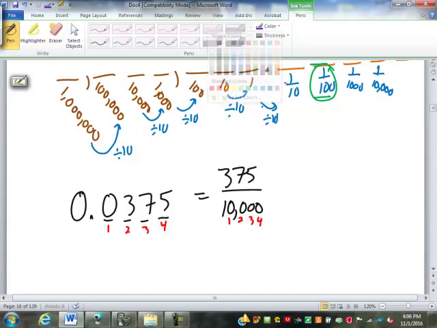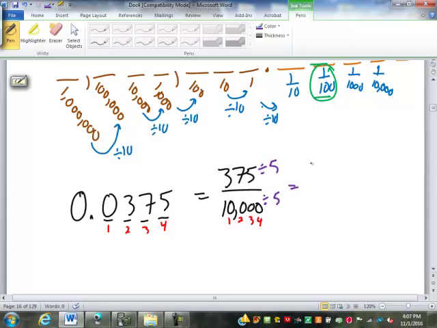Now, looking at those, both of those can be reduced. Both of them can be divided by what? Anybody? What's that? 5. Okay, they can be divided by 5. Very good.